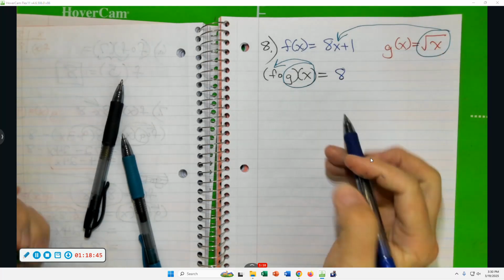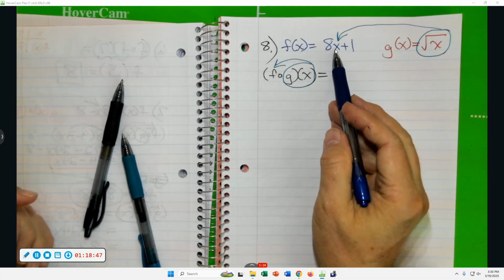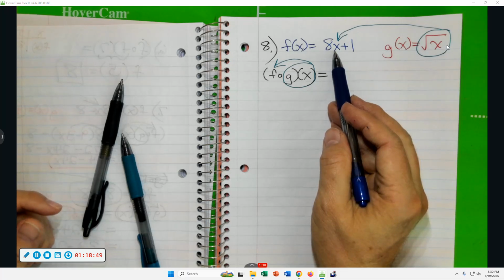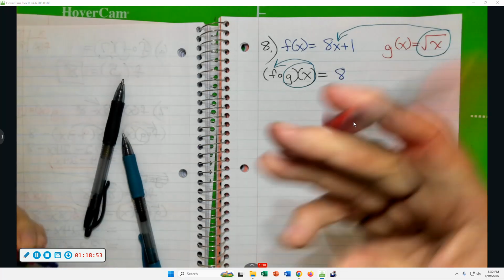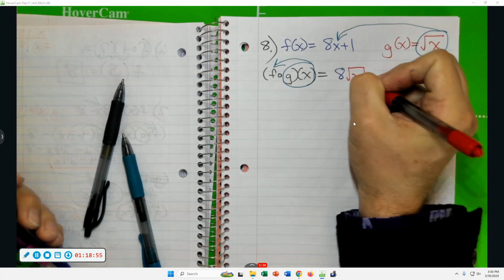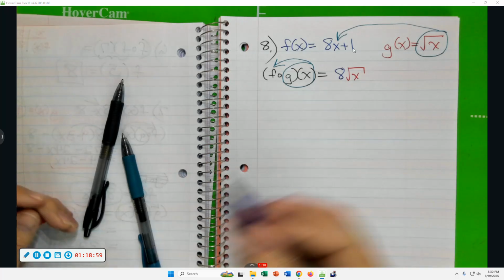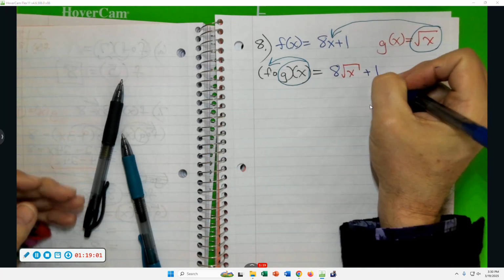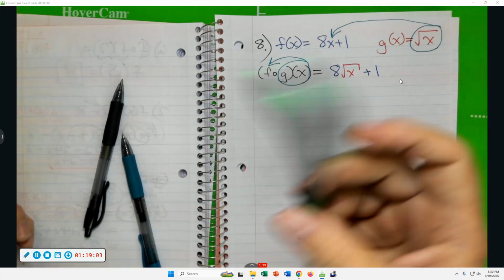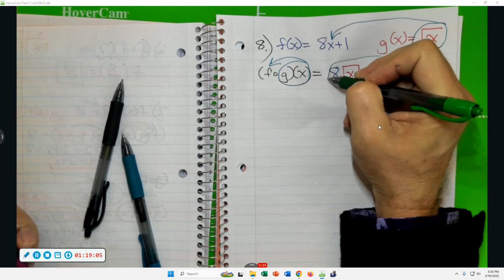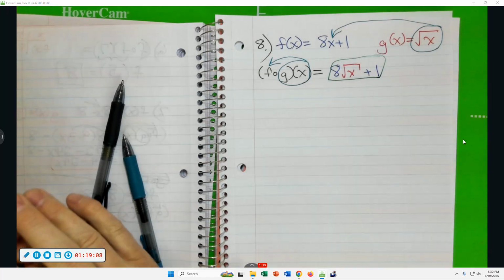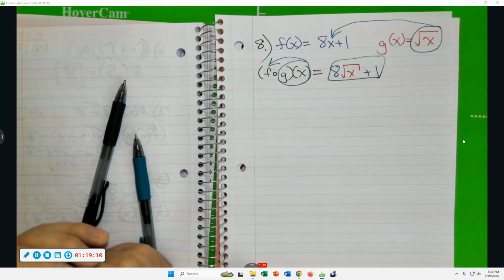What are we going to have in place of that blue x? A red square root of x. What else are we going to have stuck on there? Plus 1. And there's nothing else you can do with that. There it is. Remember, f composed with g of x equals 8 times the square root of x, plus 1.